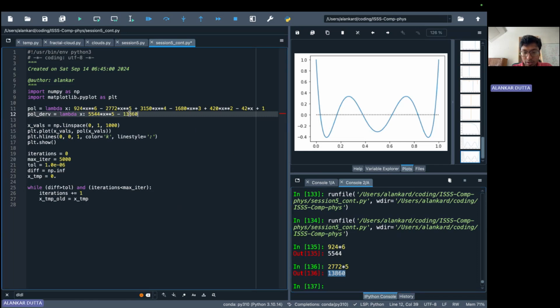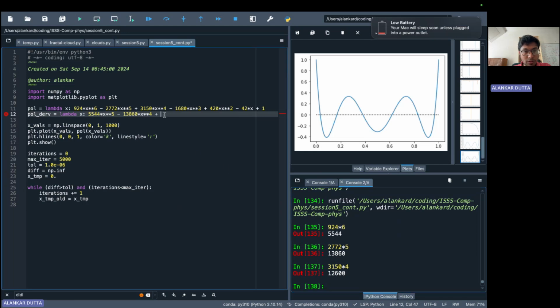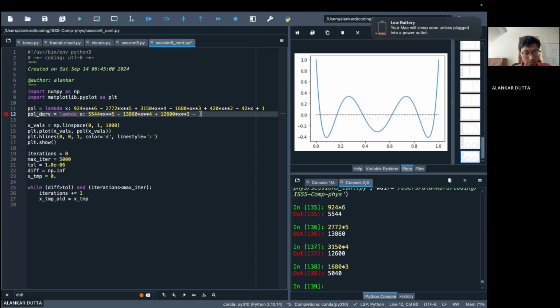So let's put this in here. This times x to the power of 4, plus 3150 times 4, which gives you 12,600 times x cubed, minus 1680 times 3, which is 5040, times x squared, plus 420 times 2, which is 840.